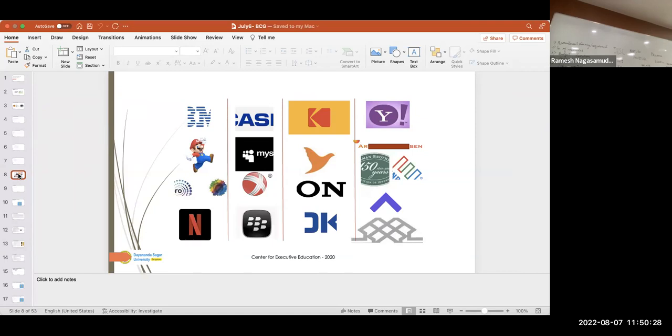You know BlackBerry. But look at these companies. IBM, 100 years old, still dancing. Elephants Can Dance was the name of the book about IBM. They're giants and they're still dancing.